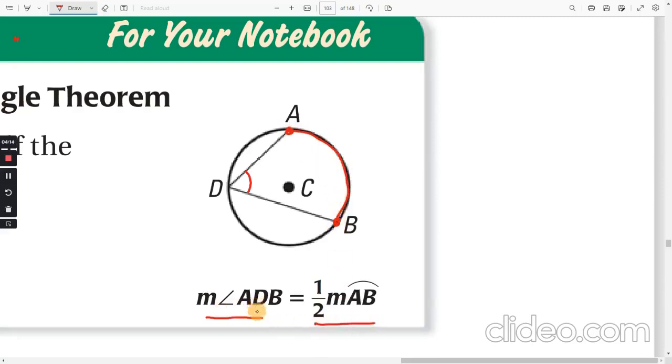So the inscribed angle is 1/2 the intercepted arc. If we let the intercepted arc be x degrees, that means the angle is 1/2 of x, so the angle right here is just 1/2 x degrees.